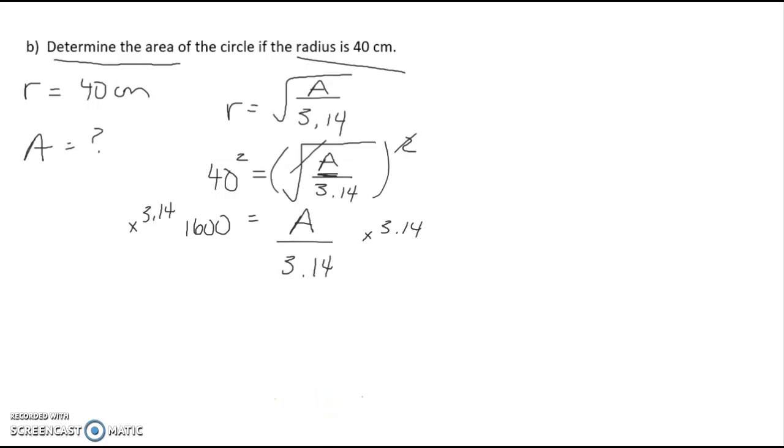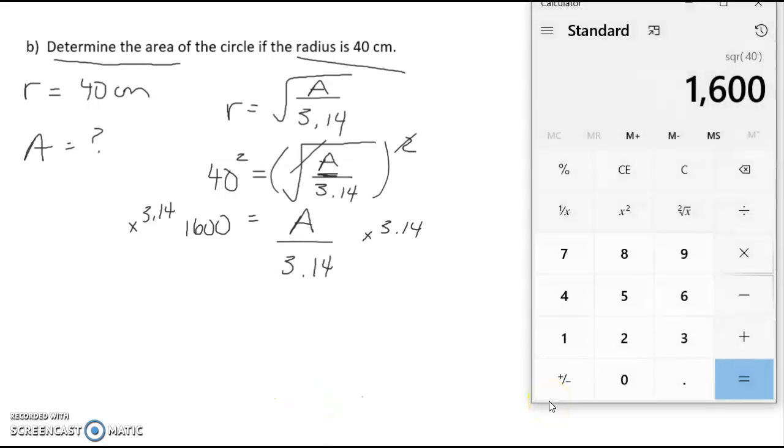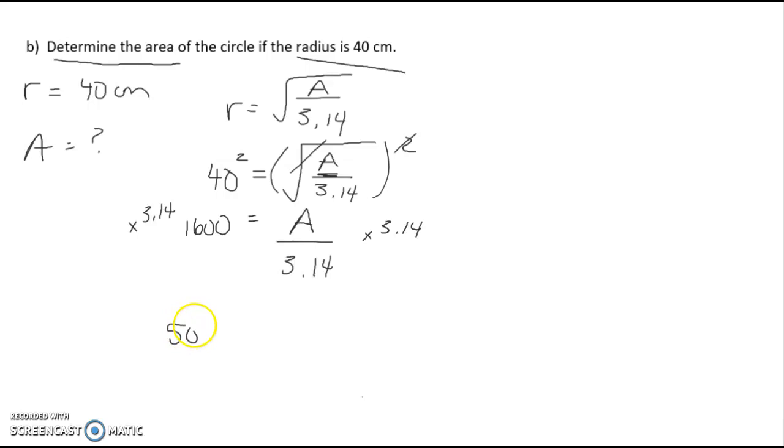Okay, so 3.14 times 1,600 gives us 5,024. So 5,024 equals, and if you multiply by 3.14 and divide by 3.14, that's just a 1. So we're left with 1A. The units we're dealing with are centimeters.